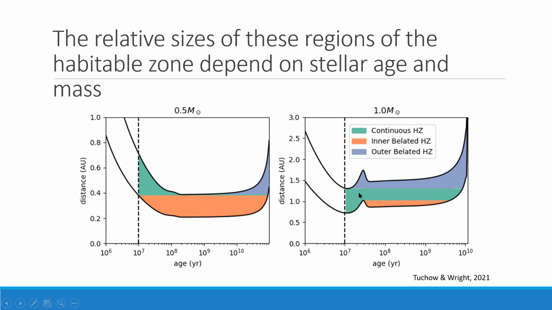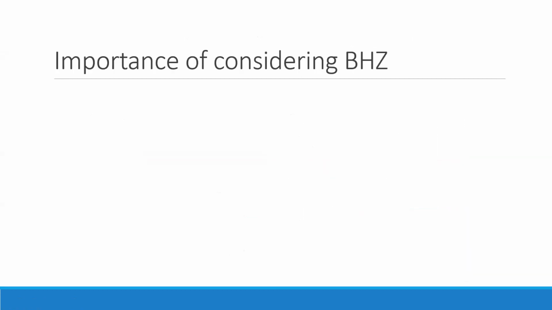Whereas for a sun-like star, there's a much larger region of the habitable zone that remains continuously habitable, but there is still, as the star gets more luminous, planets from outside of the habitable zone eventually entering it due to the star's evolution.